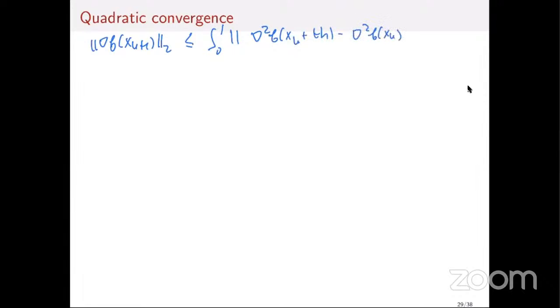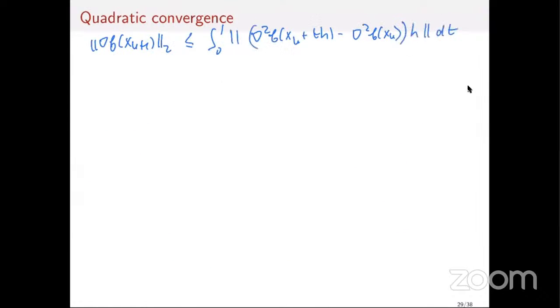So I get that the norm of the gradient of f at xk plus 1, and I'm going to use the triangle inequality, is less than the integral from 0 to 1 of the norm of the Hessian of f at xk plus th minus the Hessian of f at xk times h, dt.